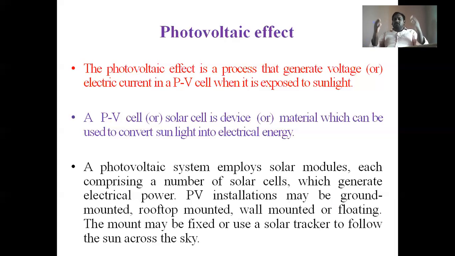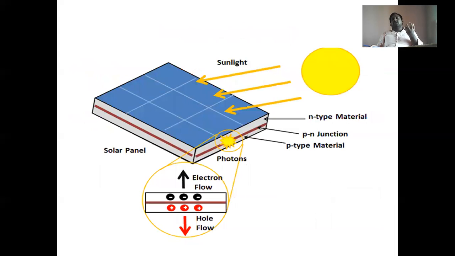A large amount of PV modules are installed nowadays for large scale power generation in our environment, only because photovoltaic power generation is a pollution free power generation and there is no initial fuel cost. There is no fuel required for photovoltaic power generation. That's why we go for photovoltaic power generation.